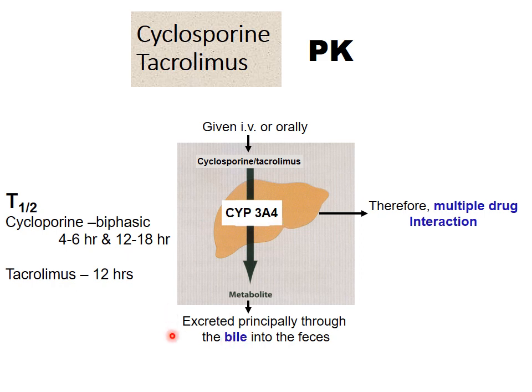The metabolites of these two drugs are excreted primarily through bile into the feces. Since the two drugs are metabolized by CYP3A4, there is an increased chance of multiple drug interactions. So enzyme inducers as well as enzyme inhibitors of CYP3A4 show drug-drug interactions with cyclosporine and tacrolimus.